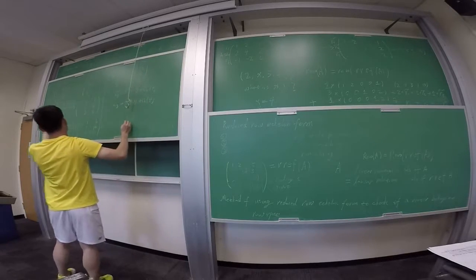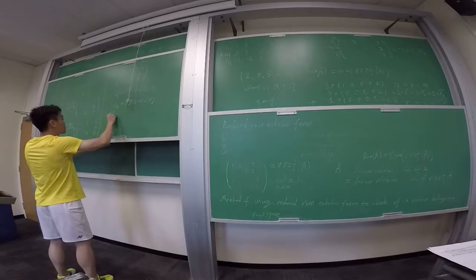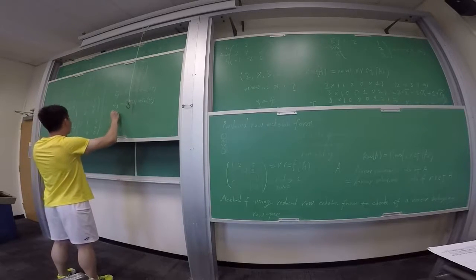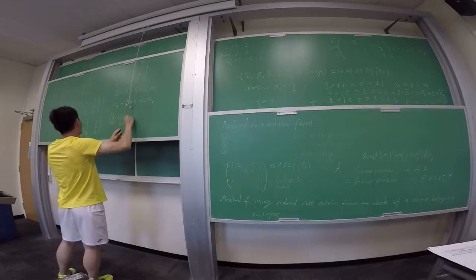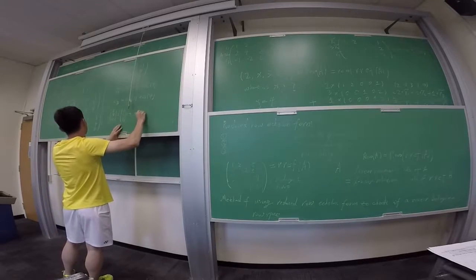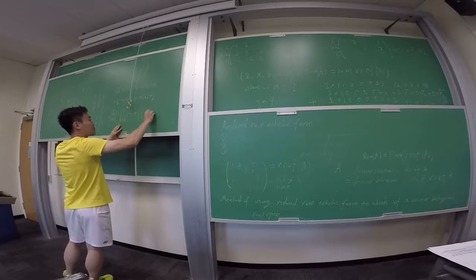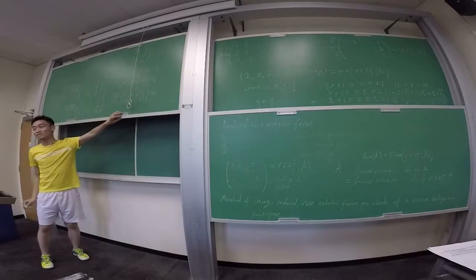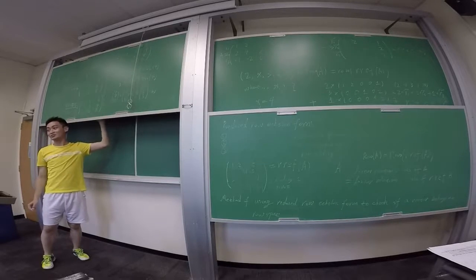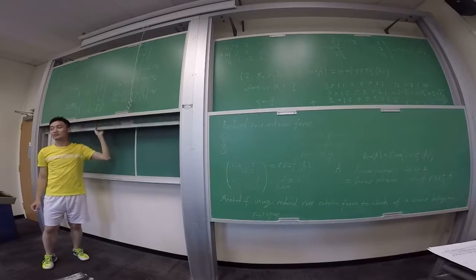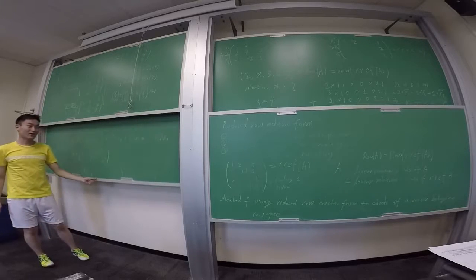So 3, 7, 11 is equal to 1, 1, 1 times minus 1 plus 1, 2, 3 times 4. And then you know this vector is in the column space of A.